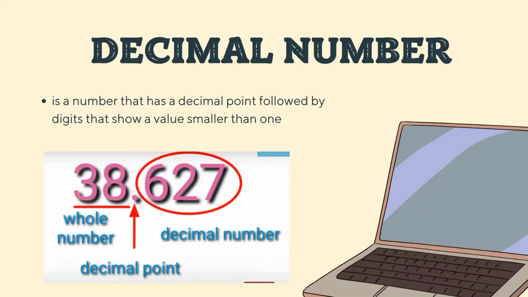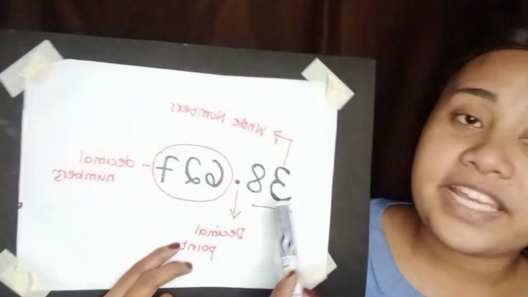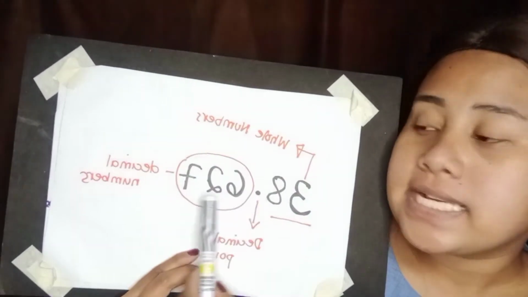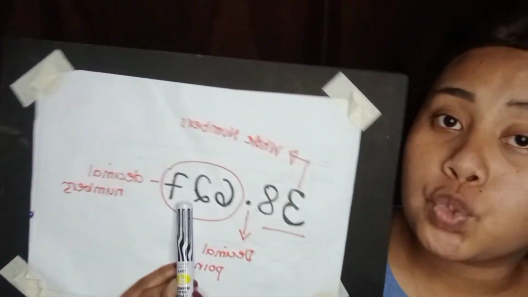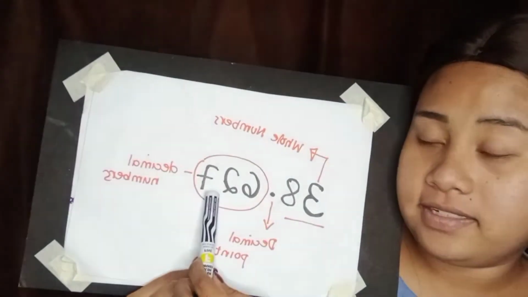Now let us learn about decimal numbers. To define, a decimal number is a number that has a decimal point followed by a digit that shows a value smaller than 1. Now, let's take a look at this picture. 38.627.